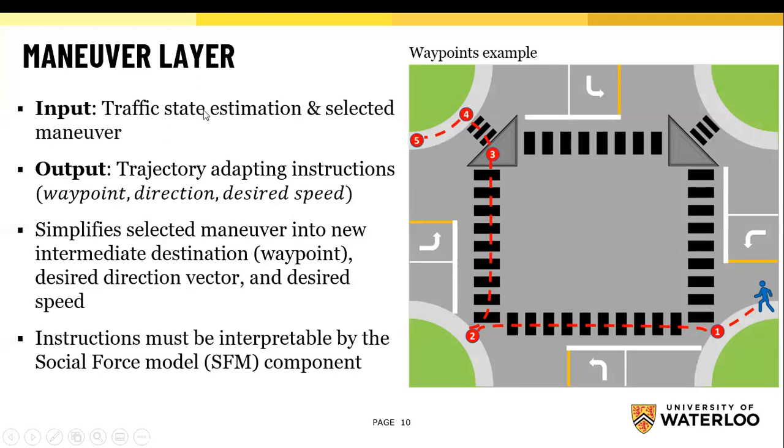So that's where waypoints come in, where it's an intermediate point that the pedestrian needs to visit, and it's passed to the motion planner layer. And obviously a full pedestrian journey can be composed of multiple maneuvers, which produce multiple waypoints as seen in here.